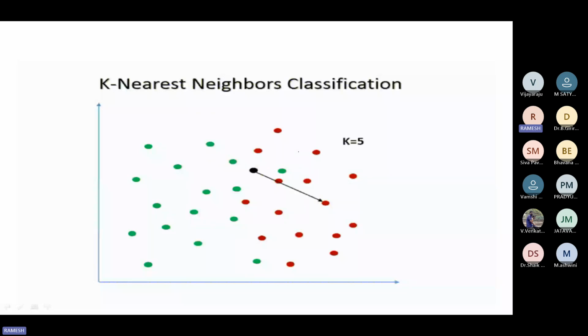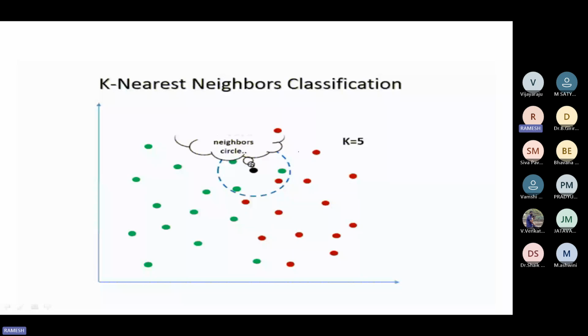Here we first calculate the distance from the new data point to all the data points. From the black point to all the data points, we calculate the distance. After calculating all the distances, we select the nearest neighbors, which are near to that black point. How many nearest neighbors?